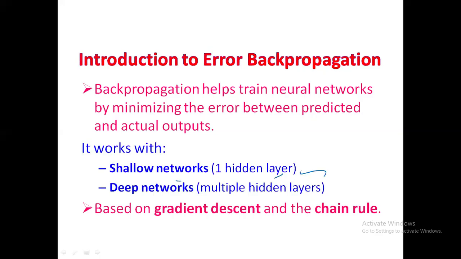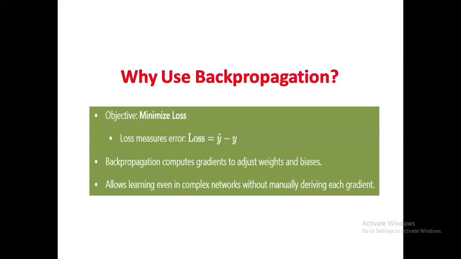The shallow network means it is with a single hidden layer, and the deep network means with many hidden layers. Backpropagation uses the gradient of the loss function to update weights. It relies on gradient descent and the chain rule of calculus to efficiently compute these gradients, making it feasible to train even complex architectures.